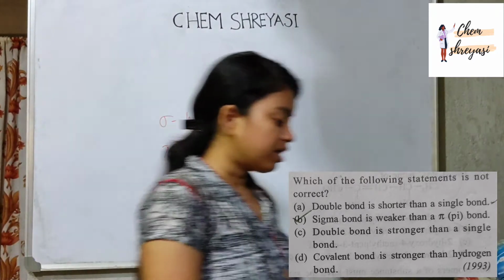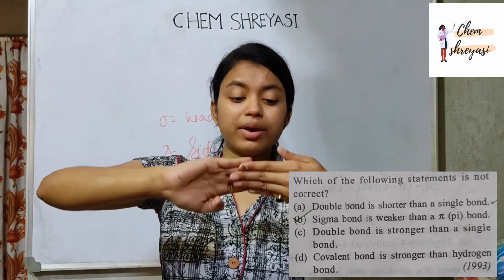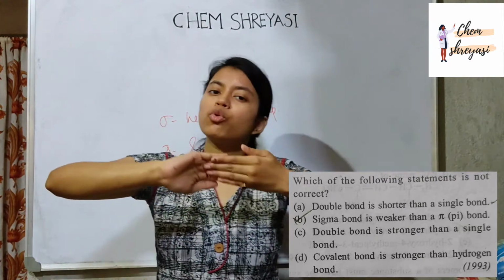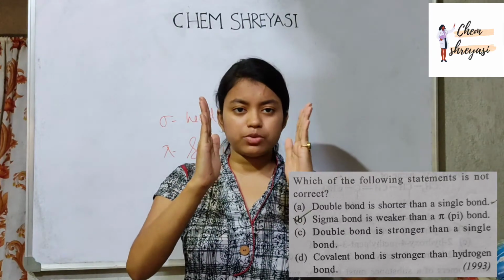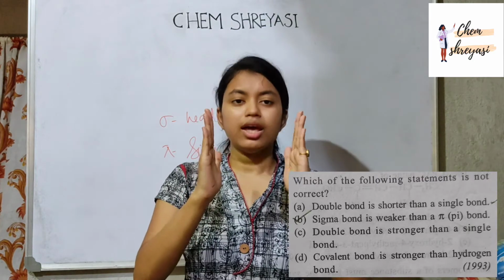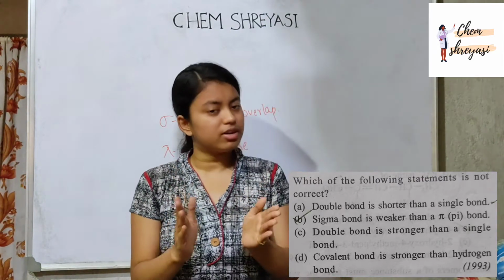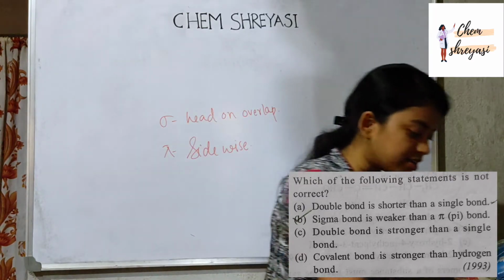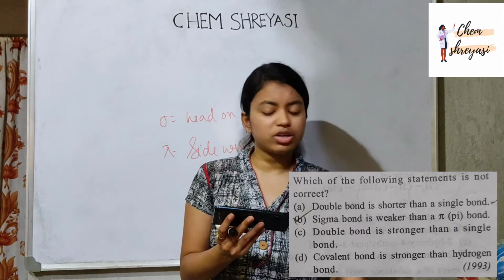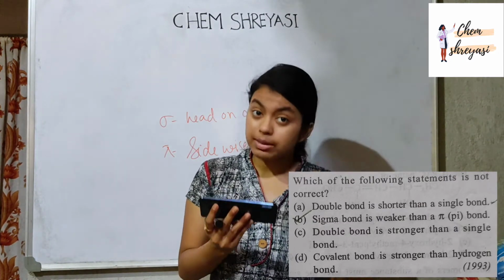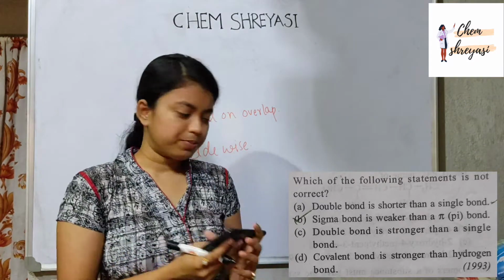So, in a sigma bond, because of the head-on overlap, the bonding will be much stronger. But in a pi bond, there is a sidewise interaction. That's why the bonding interaction in a pi bond is much weaker than the sigma bond. So, option B is a wrong statement, because a sigma bond is not weaker than a pi bond. A sigma bond is actually much stronger than a pi bond.